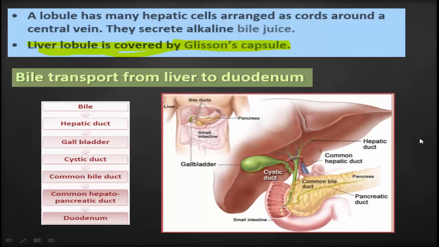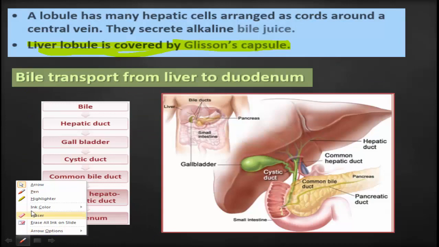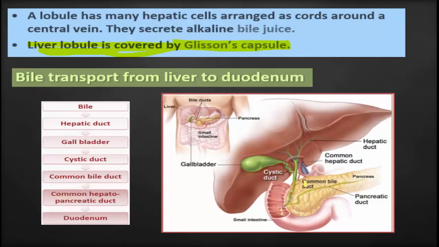By the joining of the hepatic duct and cystic duct, the common bile duct is formed. The common bile duct is formed by the association between the hepatic duct arising from hepatocytes and the cystic duct of the gallbladder.